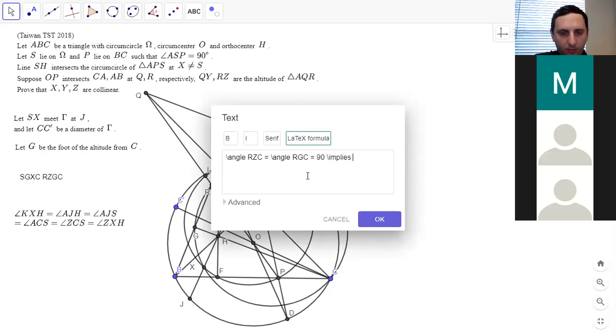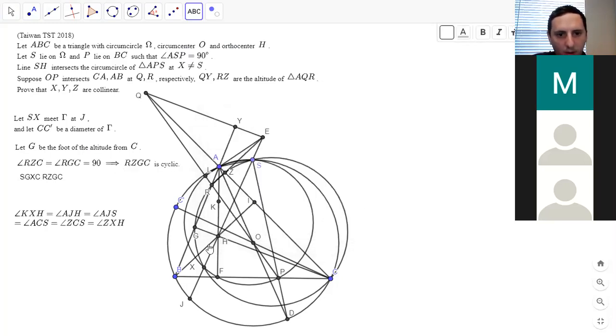That means RZGC is cyclic. And then, basically we know X is the midpoint of HJ by power of a point.